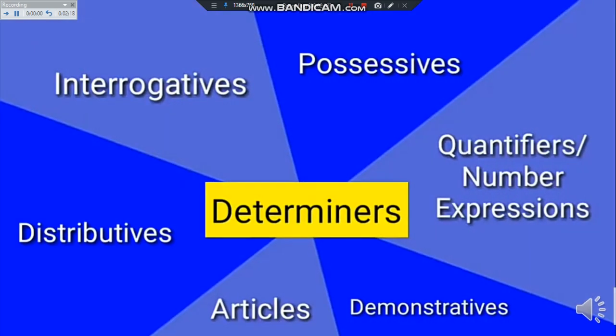Here are different parts of determiners. First one is interrogatives, possessives, quantifiers, number expressions, demonstratives, articles, distributives. We will see one by one.